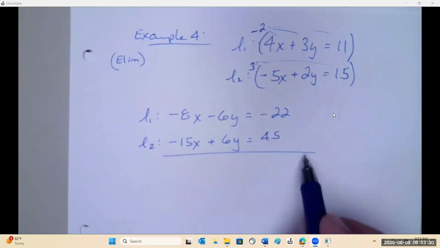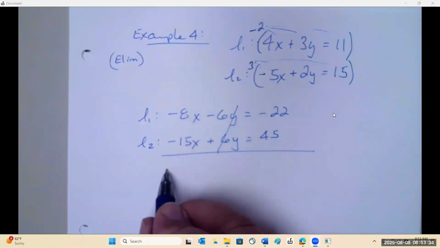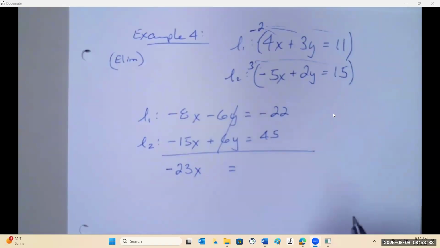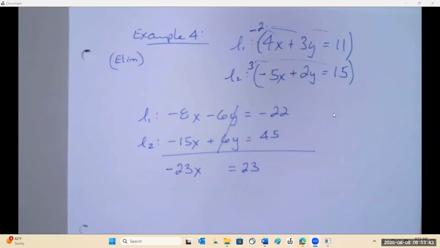Now I can add them together. The 6's cancel. -15 minus 8 is -23x. 45 minus 22 is 23.